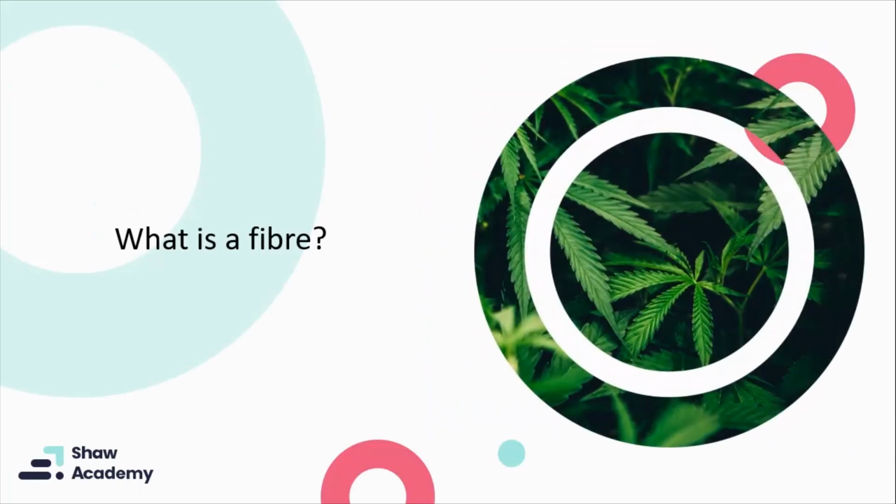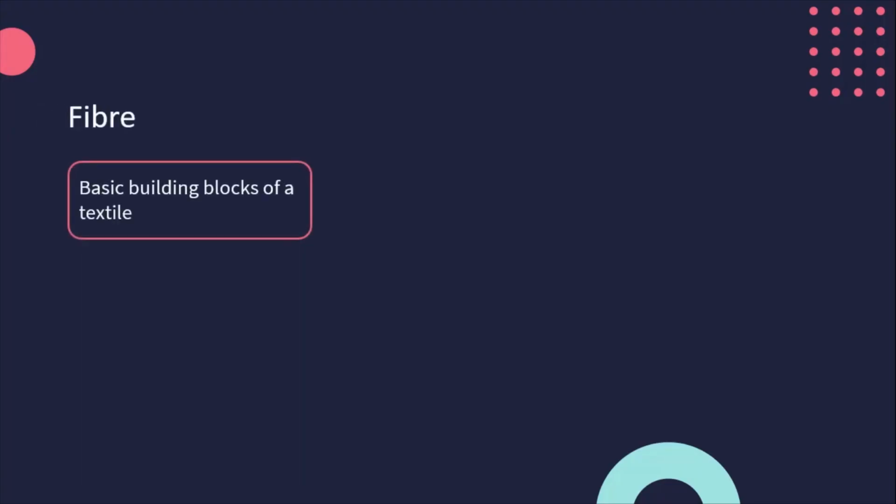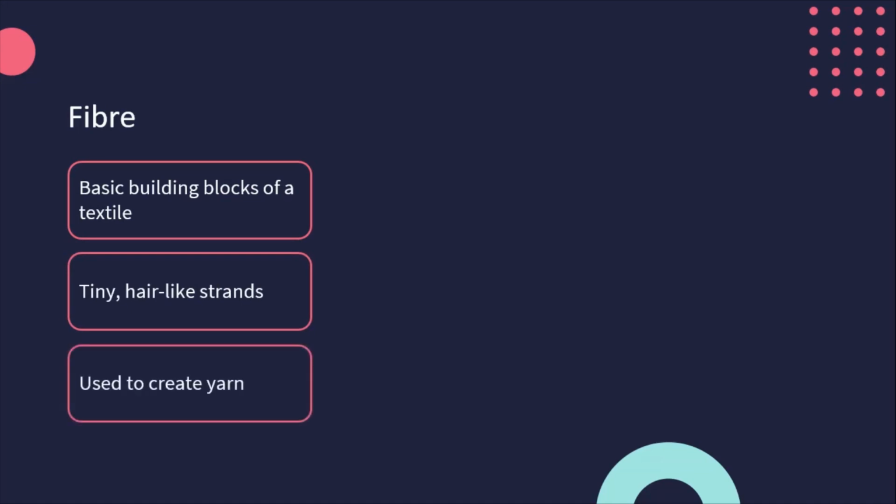Let's break down a textile to see what it is made out of. A fiber is considered the basic building block of a textile. Fibers are tiny hair-like strands that are combined to create yarn and fabric. There are two different types of fiber, staple and filament.